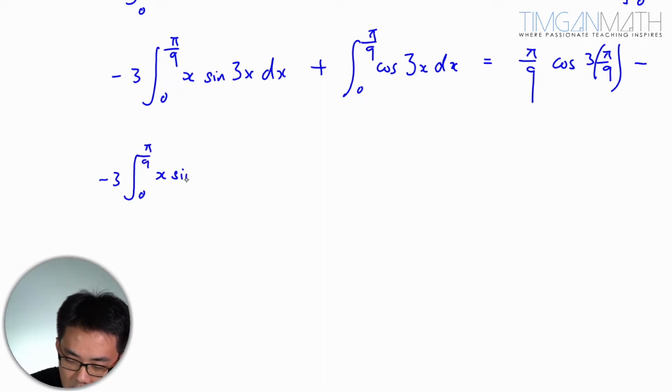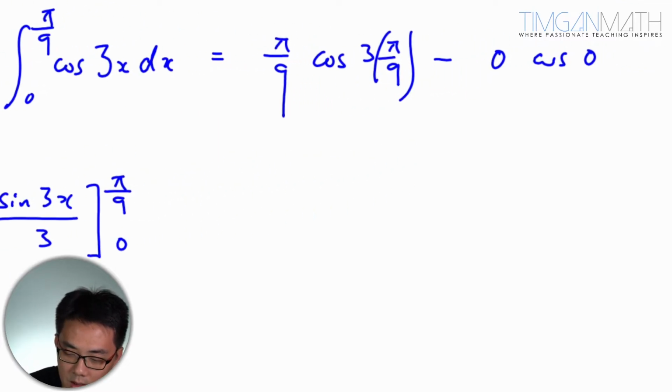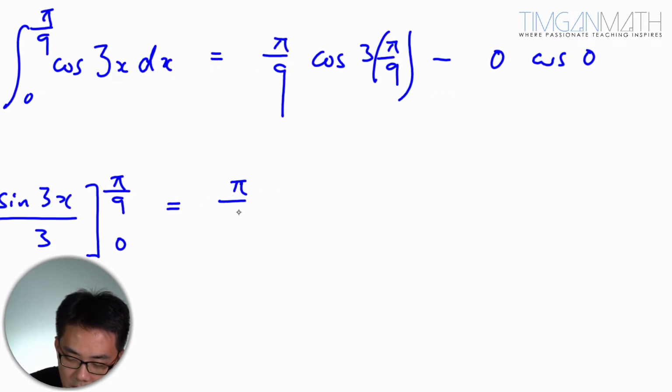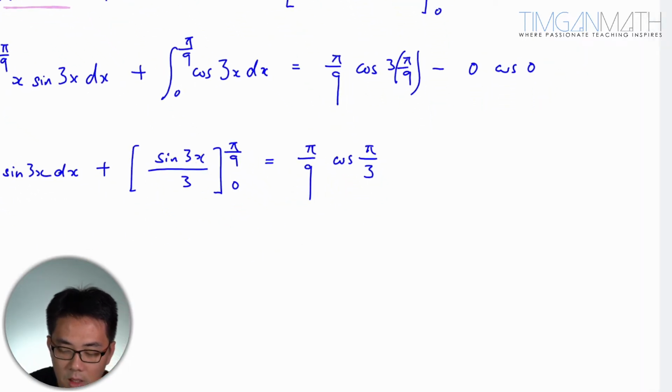The second one we can integrate: integrating cosine gives sine 3x over 3, with limits pi over 9 and 0. The first term will be pi over 9 times cosine pi over 3.